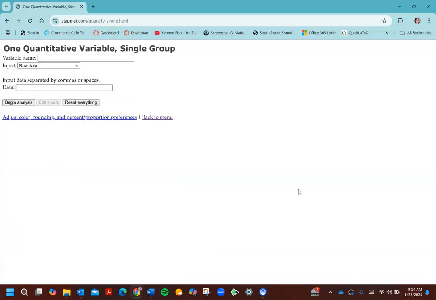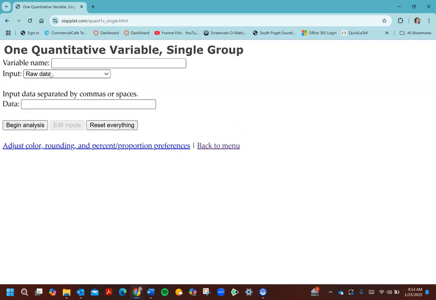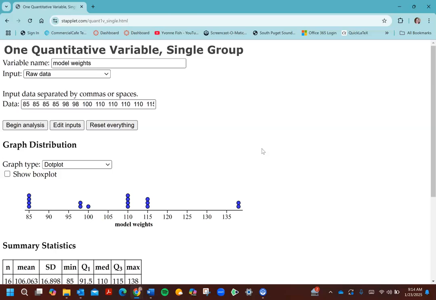And then we can make this a little bigger for you. Variable name. And then the raw data is what we want. And then click in the box and do Control V to paste. And then begin analysis.